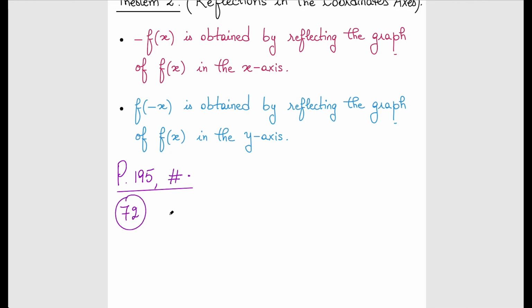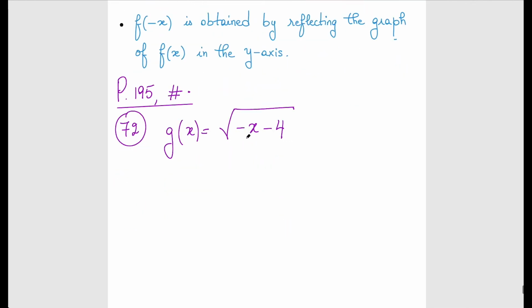So we have the function g of x equals square root of minus x minus 4, correct? Okay, so we're gonna start from a parent function as usual, and clearly the parent function is going to be square root of x.